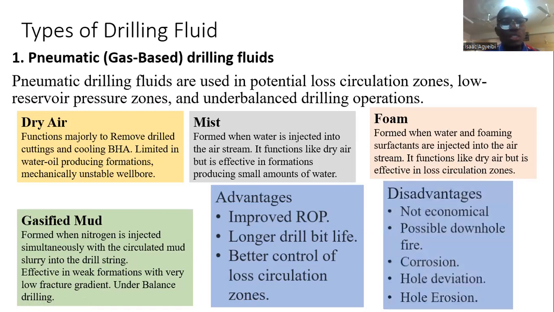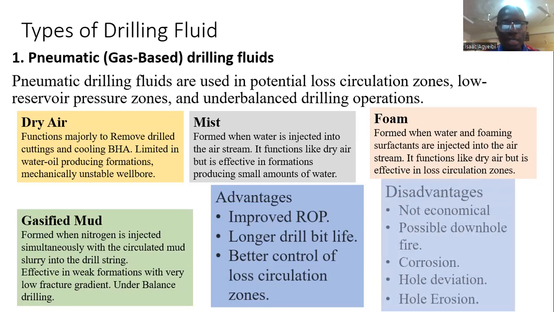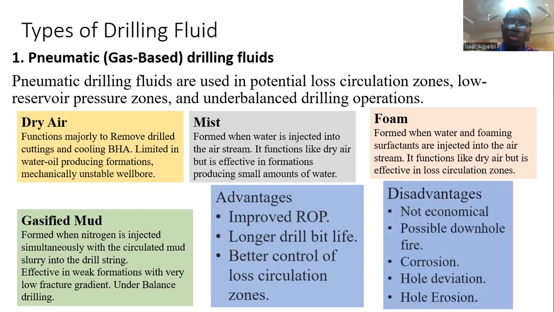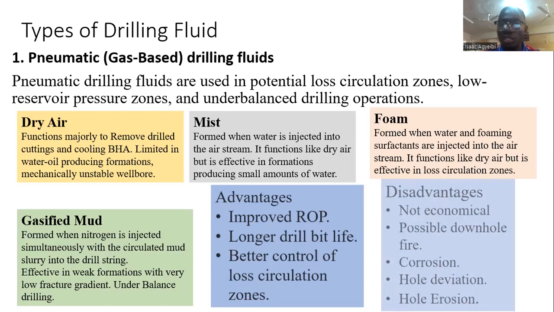If we don't get a streamlined or controlled flow of the gas during the drilling process, your hole can take a direction that is not according to your target. And then we can have frequent hole erosion.